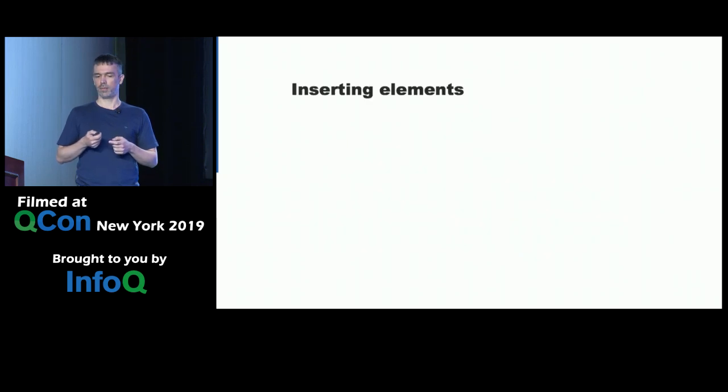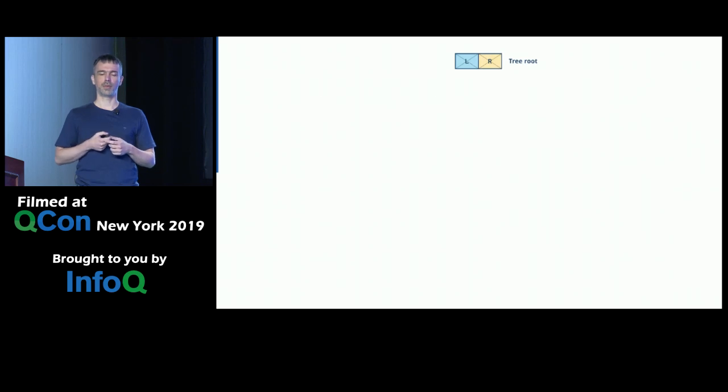To take a look at how this actually works in practice and how this relationship between the node and the leaf that we just established remains holding, we're going to take a look at the inserting procedure. So if we start with a tree root, just a pointer pointing to the highest node in the tree, initially with an empty tree it would be empty.